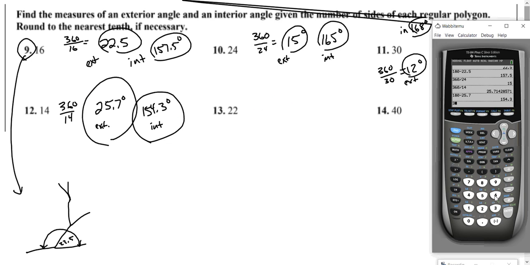Next one, 360 divided by 22. I'll round it off again, 16.4. The exterior, interior 180 minus 16.4, 163.6.